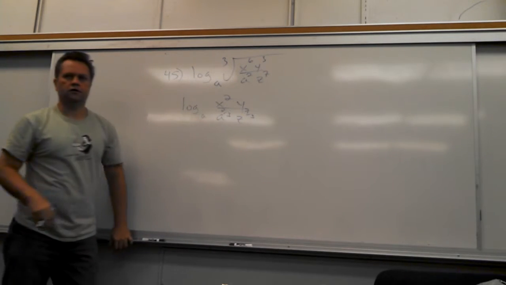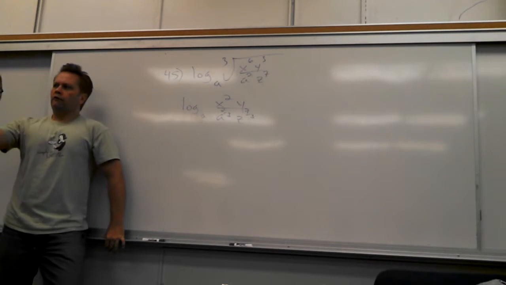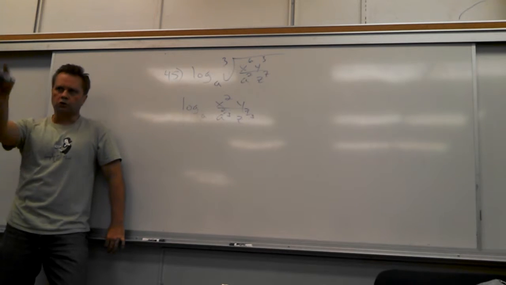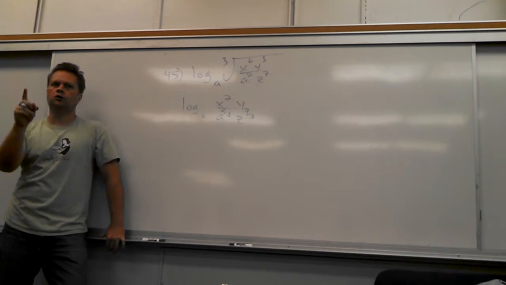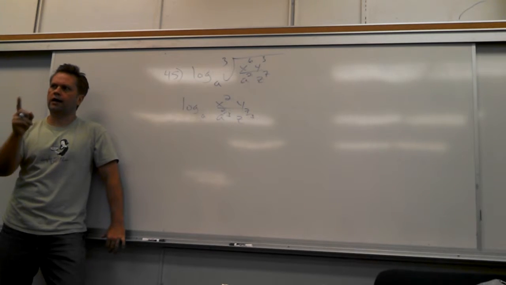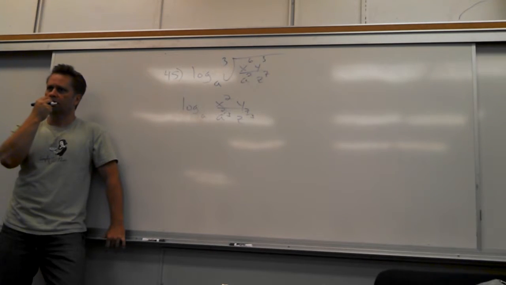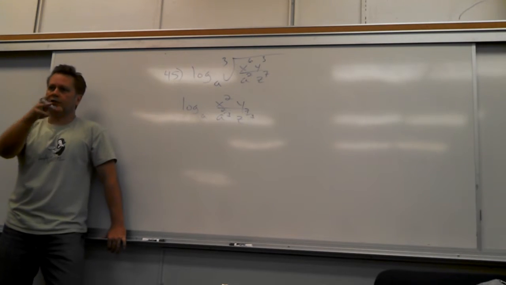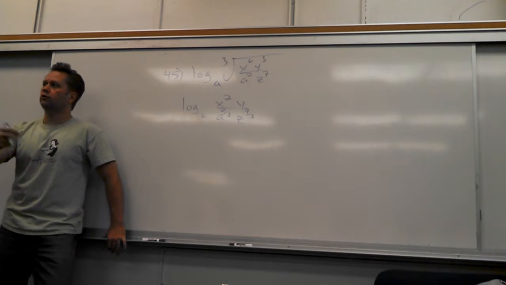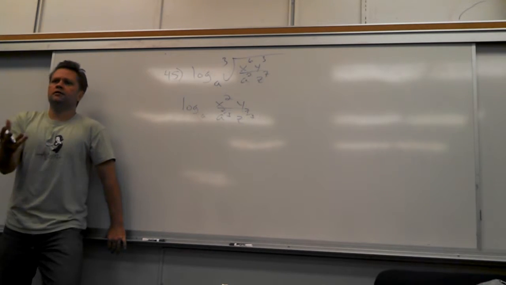All right, let me stop there for a second. Now I've got individual terms that are multiplying or dividing. At the end, which term should be negative? The logs that have what in them? They're in the bottom. So the log that has the a in it and the log that has the z in it should end up negative, because those are the two on the bottom. And that makes it so much easier.